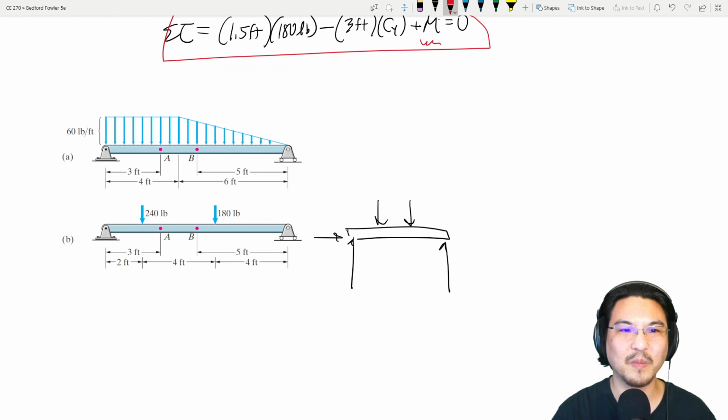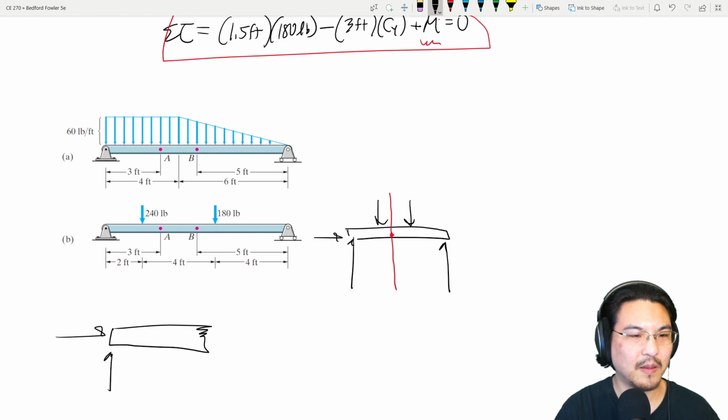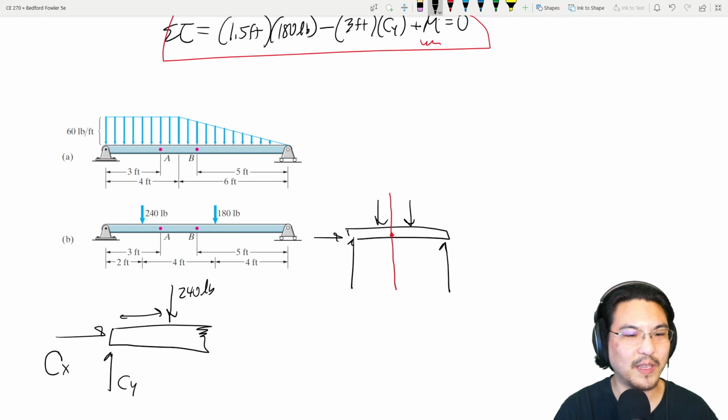And then A is right over here. If you cut that section, and I'll look at the left, right? Then there's the 240 pounds over here, which is at 2 feet. And then all the internal stuff.